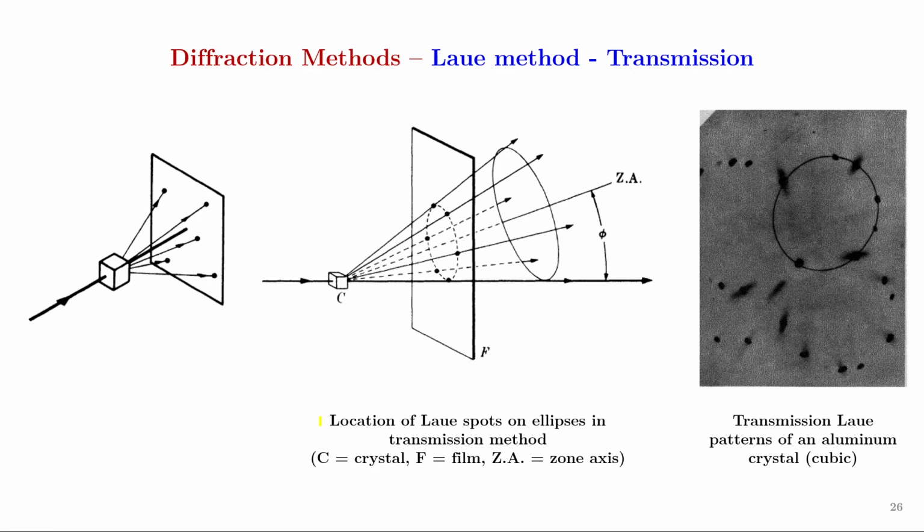As we see in this figure, in the transmission method, the locations of the Laue spots fall on ellipses. Here C indicates a crystal, F indicates the film, and ZA indicates the zone axis. And this figure shows the transmission Laue pattern of an aluminium crystal having cubic structure.